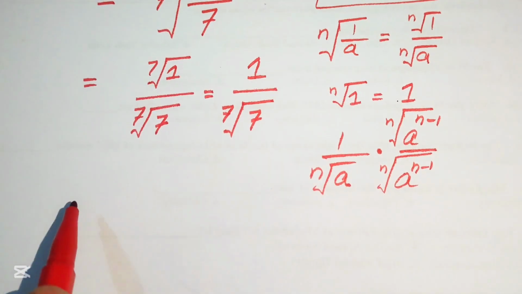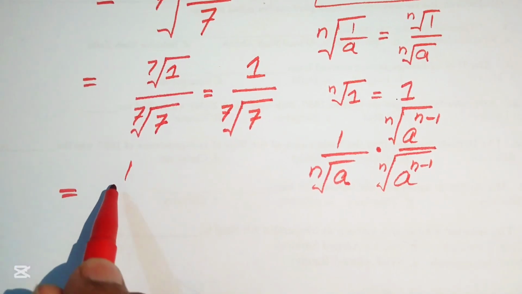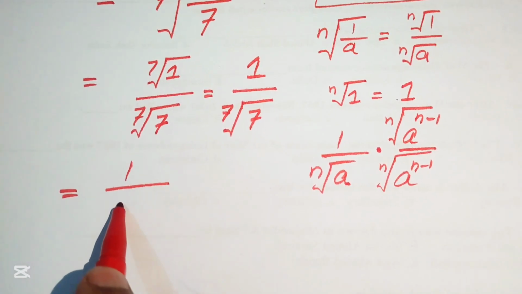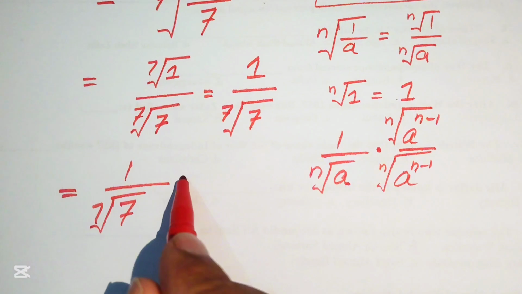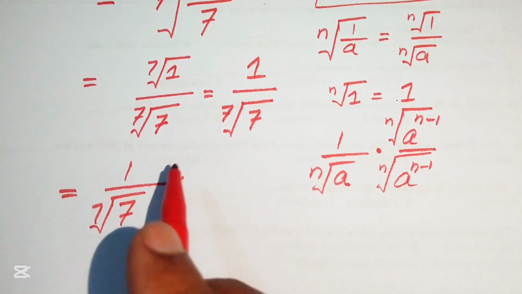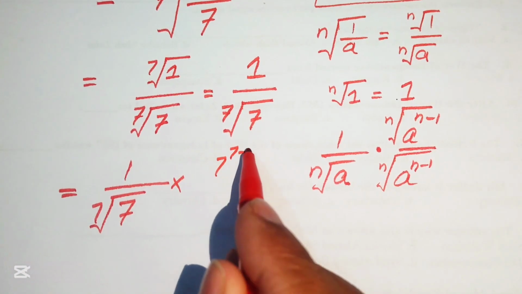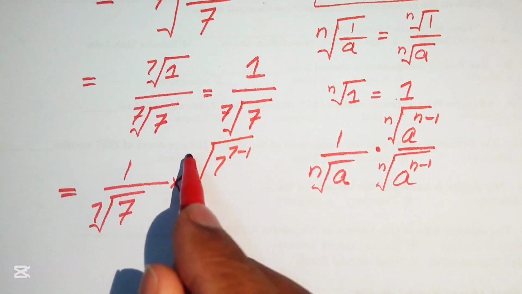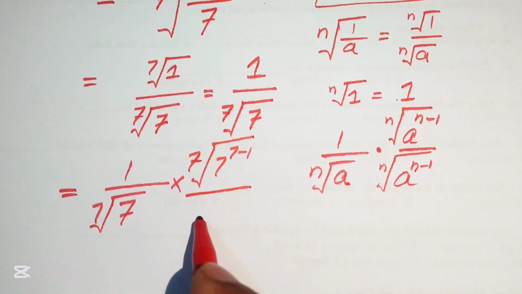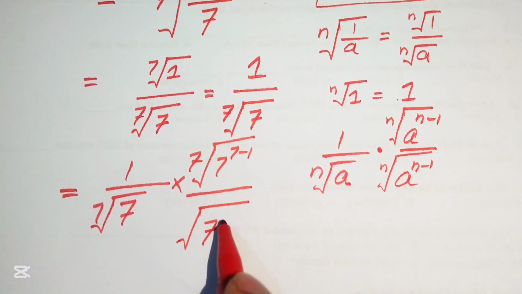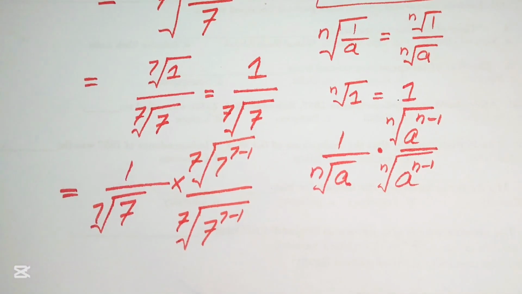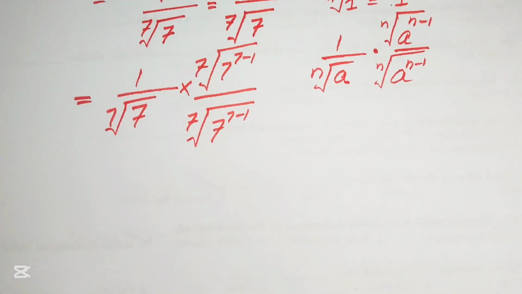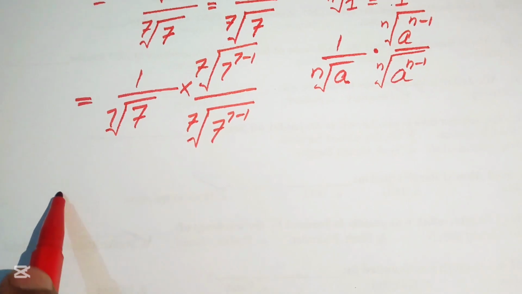So we write this expression in this form: 1 over 7th root of 7, and here we multiply and divide by this term, so we write it as 7 to the power of 7 minus 1, the 7th root, divided by 7 to the power of 7 minus 1, the 7th root. In the next step, we simplify the terms.